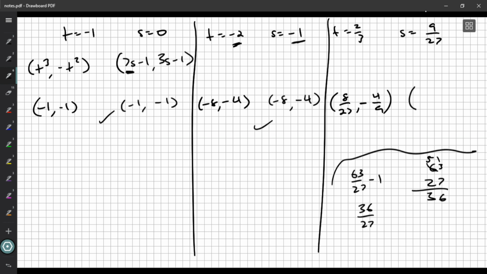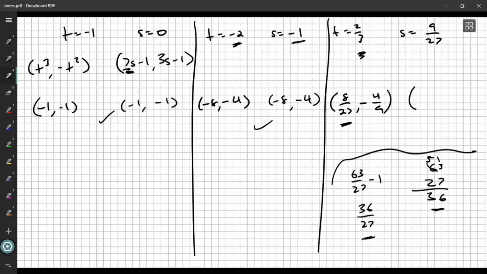Somehow that seems a little... Oh, no. It looks like we're wrong here. Okay. 7 times 9, so that'd be 63/27, minus 1, so minus 27/27. So 36/27 is not 8/27.